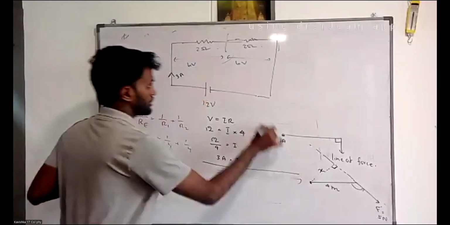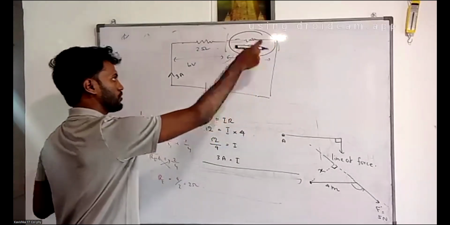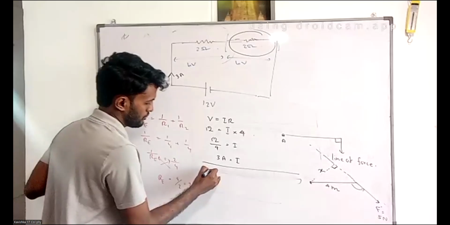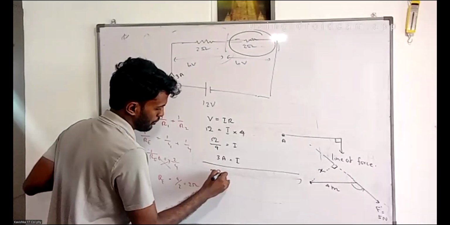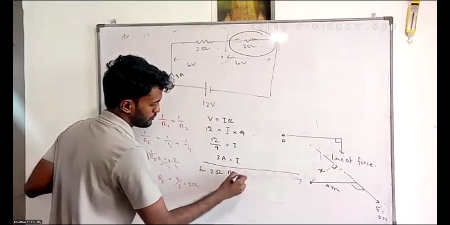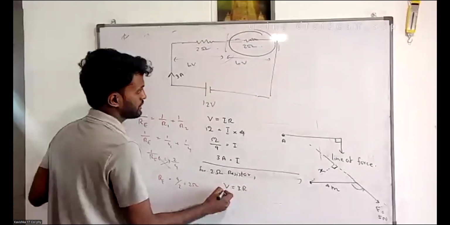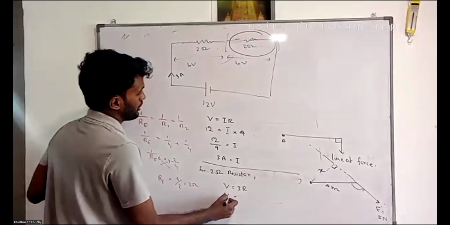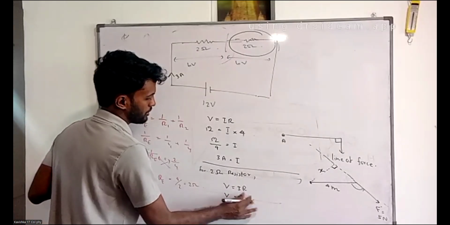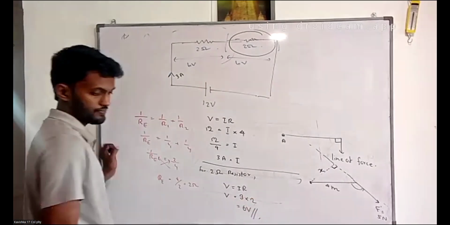Then we apply V equals IR, Ohm's law, specifically for this 2 ohm, because they ask for the 2 ohm resistor. So V we don't know, I is 3 amperes, R is 4 and 4, making 2, so we get 6 volt.